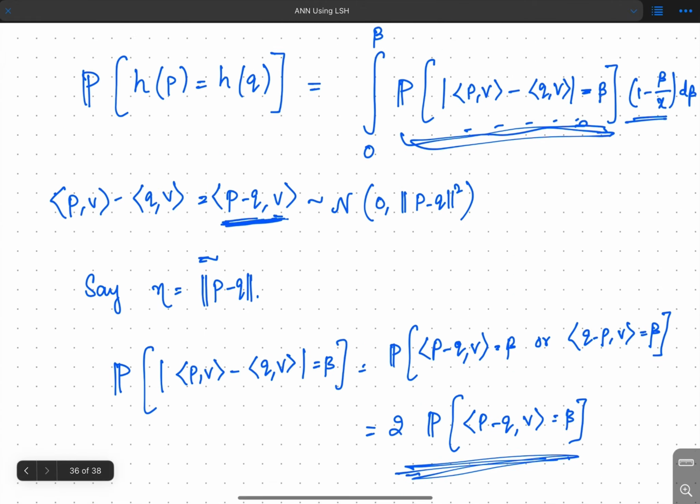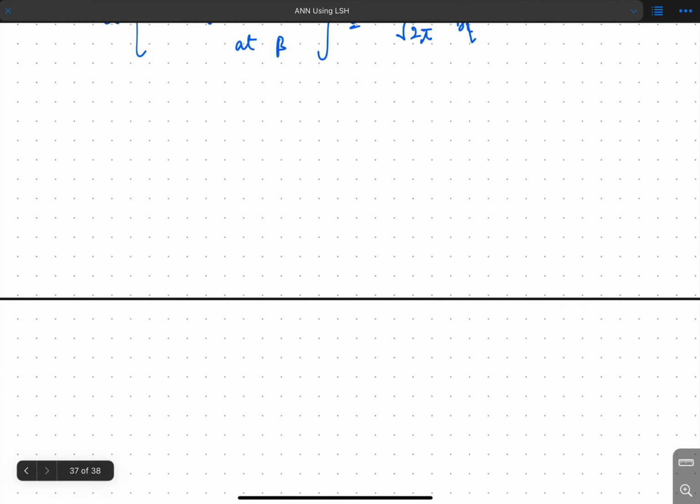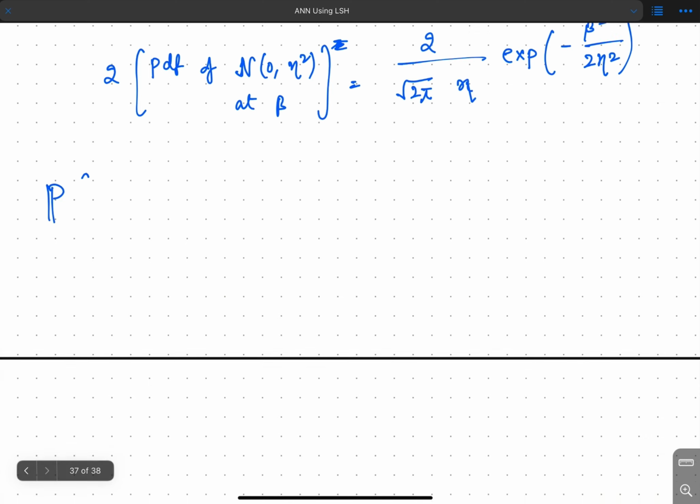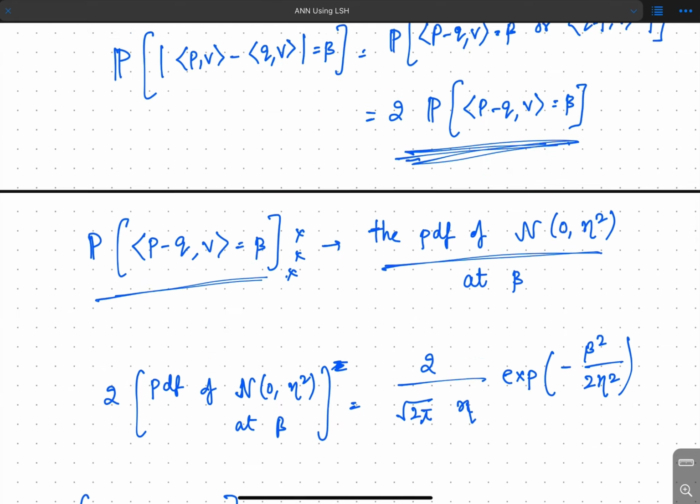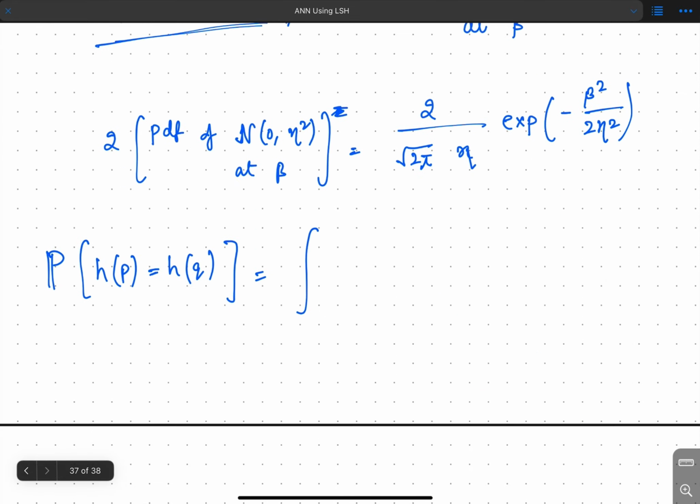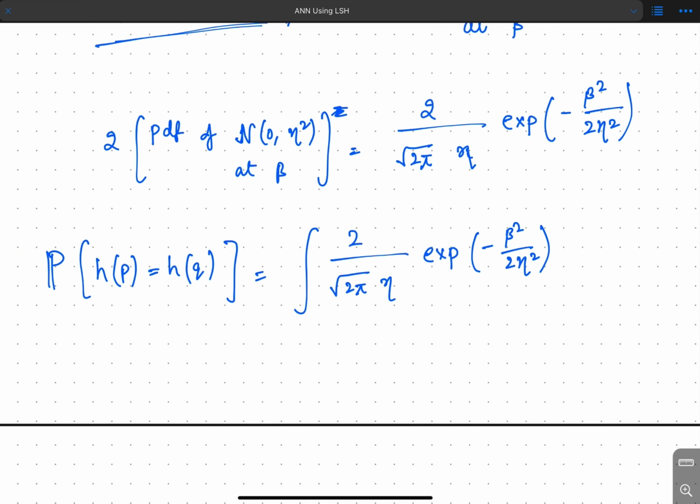Okay, so we substitute this here and obtain that the probability of h of P is equal to h of Q is equal to 2 by root 2 pi times the integral of exponential of minus beta square by 2 eta square times 1 minus beta by x, d beta.